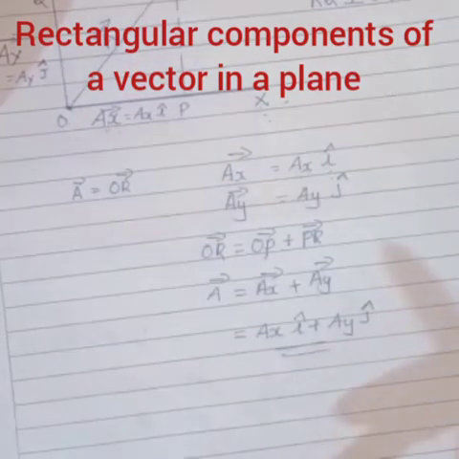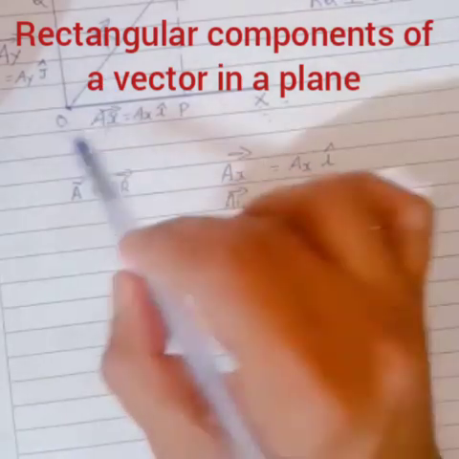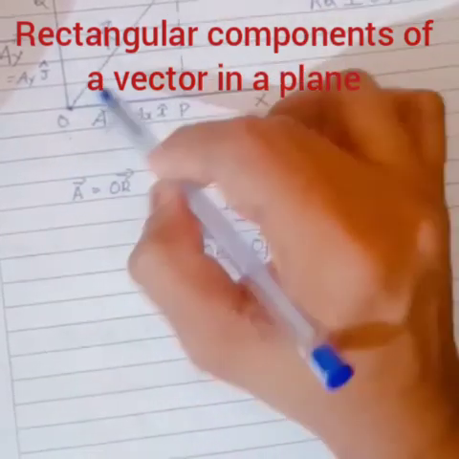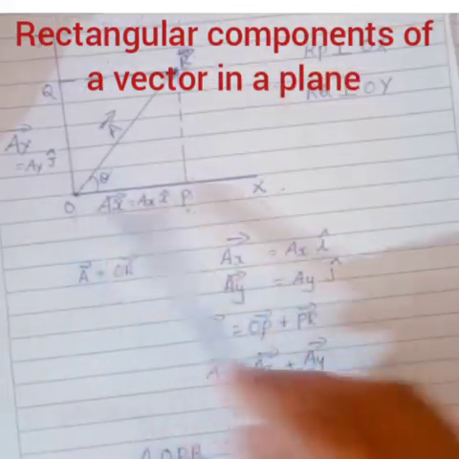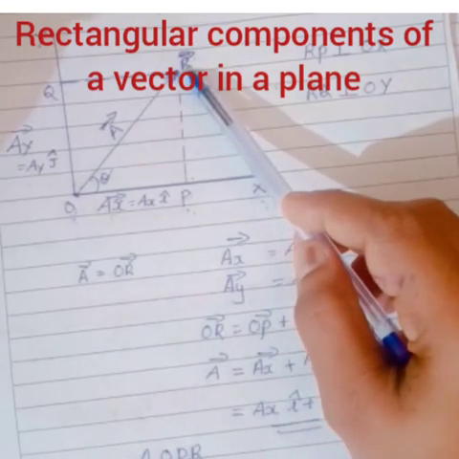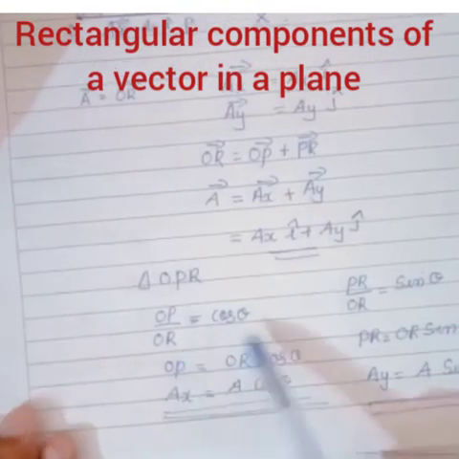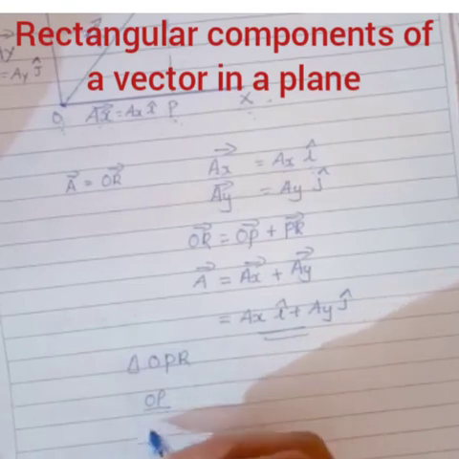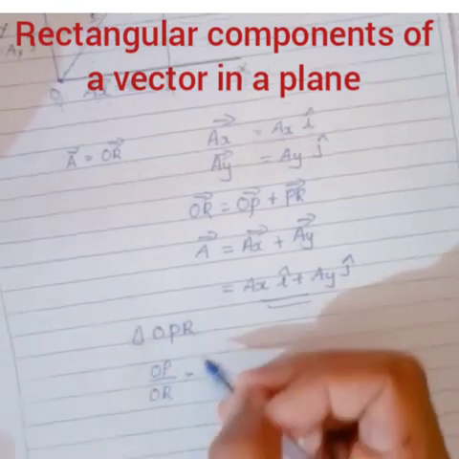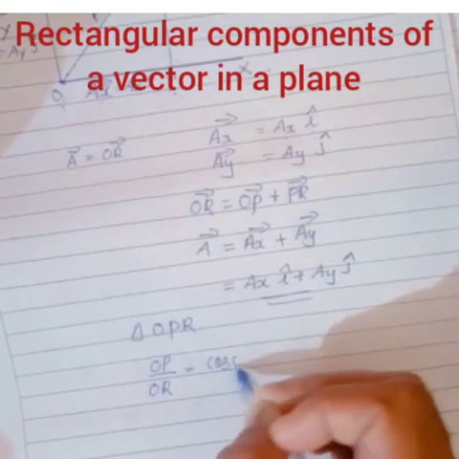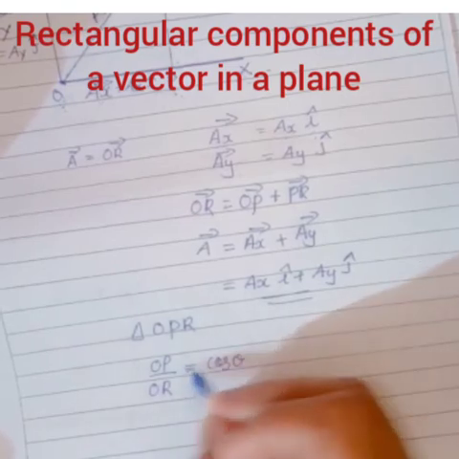Okay. Then from the right angle triangle OPR, cos theta is OP by OR. So OP by OR is equal to what? Cos theta. OP divided by OR is equal to cos theta.